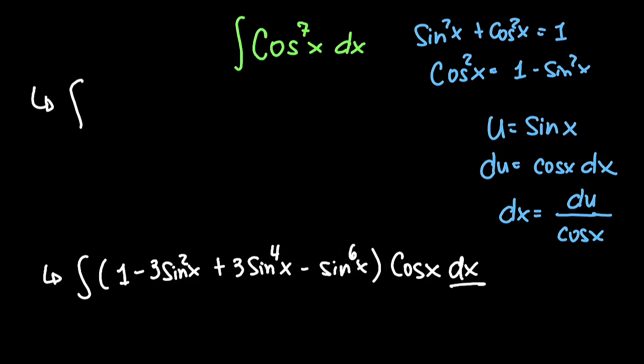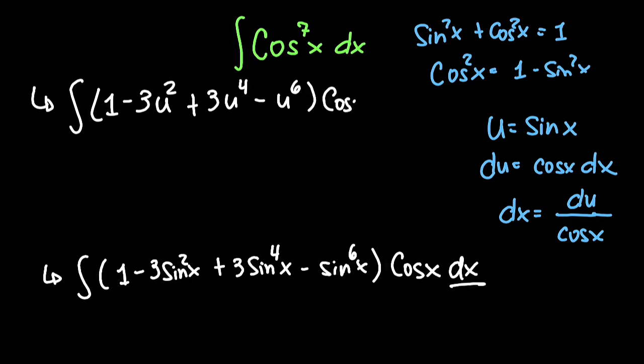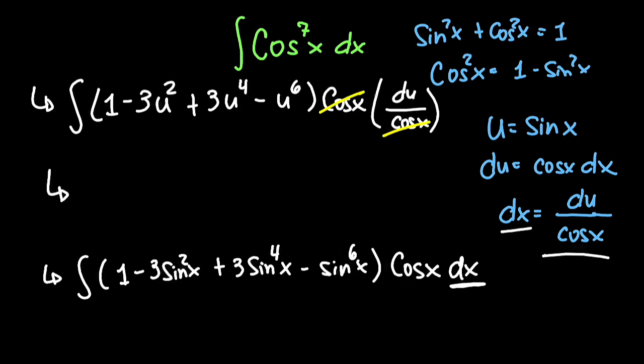So this would be the integral of 1 minus 3 times sine of x, which here is u, so this would be u squared, plus 3u to the power of 4 minus u to the power of 6, multiplied by cosine of x. When you substitute dx as du over cosine of x, you can see that cosine of x cancels, and it is a sign that you have a correct u substitution whenever you see something simplifies.